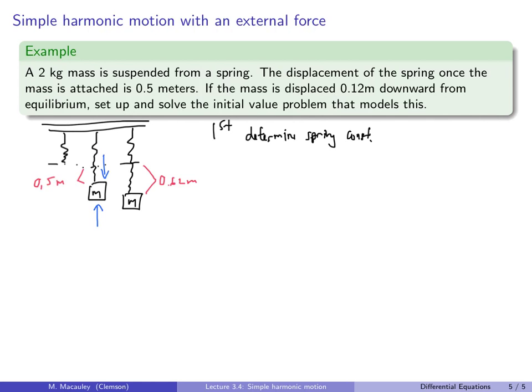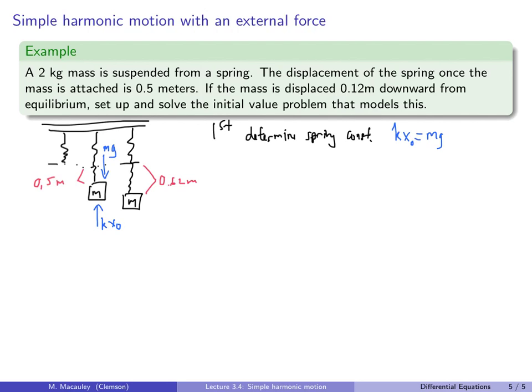That's gravity. This is mg. We have a force going up. That's the spring force, which is k times the displacement, and those things cancel each other out. They're equal. So to determine the spring constant, we set k x naught equal to mg. Remember, k is that spring constant from before.